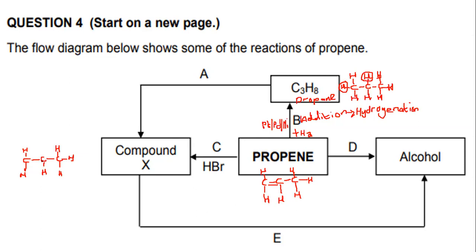I'm also short of 1 bond on this carbon because it already has 3. So I'm going to put an H there and I'm going to put a Br there. Why? Because they are reacting with the propene. Then it means I have 2 reactants there, which is my propene, organic, and HBr, which is inorganic. And I'm going to form that particular product.